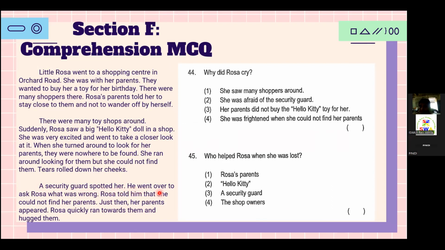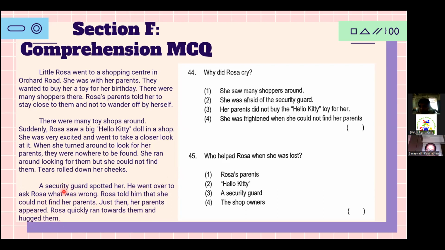He went over to ask Rosa what was wrong. Rosa told him that she could not find her parents. Just then her parents appeared. Rosa quickly ran towards them and hugged them. Hug them. Very good. Well done.